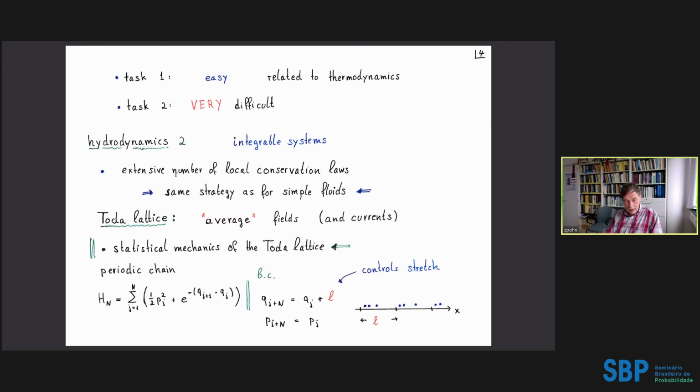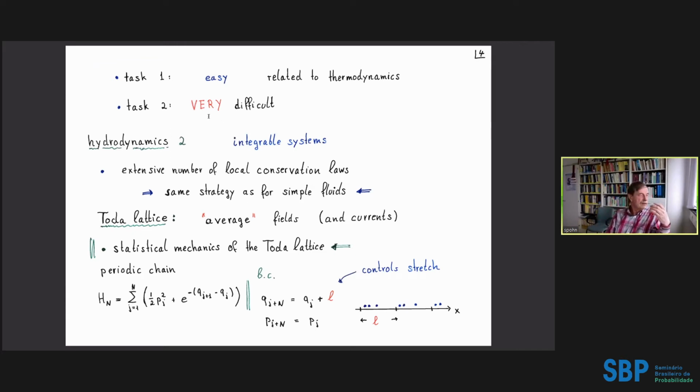We have a very large number of conserved quantities, and so it's not so easy to write down the hydrodynamic equations. This is why I put in my title the hydrodynamic equations of the Toda lattice, because what I want to convince you is that even writing down what would be the correct equations is a somewhat non-trivial problem. Even for integrable systems, where you think that you have lots of techniques and maybe you can do something, it is still a very difficult problem.